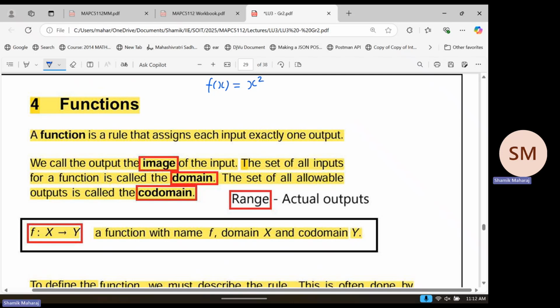Okay, so if that's our function, then let's look at some examples of images. So if I were to take an input, let's say x equals 2, for example, filter it through the function, I will get f of 2 is equal to 4. Right? If I plug 2 into the function, I get 4 as an output. So that 4 is called the image. That 4 is the image corresponding to the input 2.